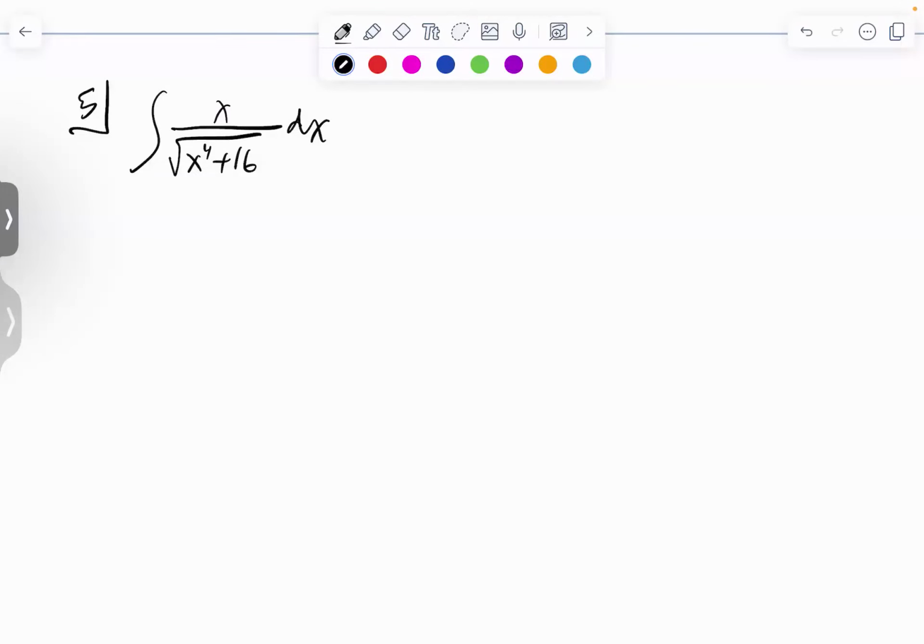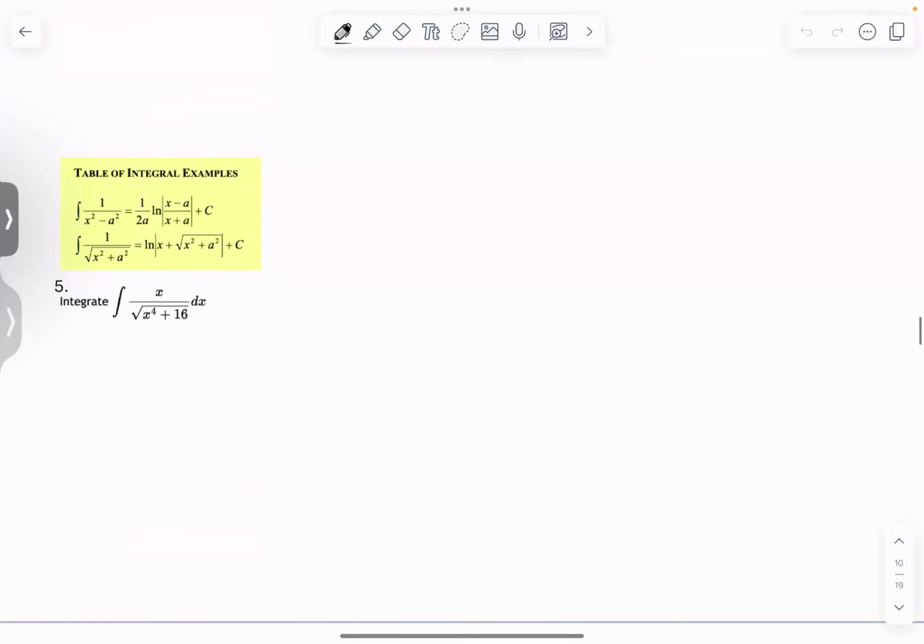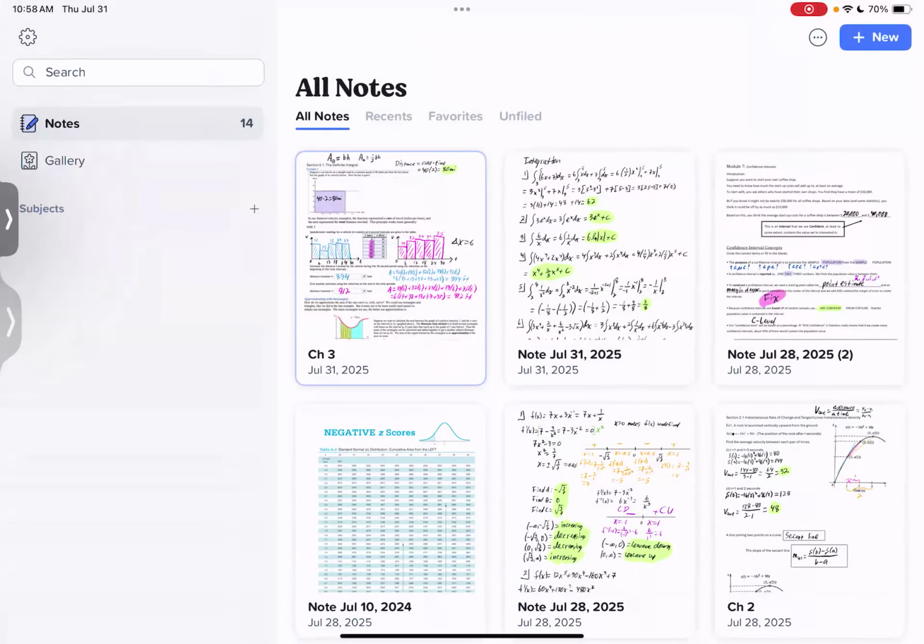However, on our handout, we do have this here, which is going to be apropos to what we're doing in just a moment. Now, you'll notice our problem is x to the 4th. This is x squared. So we're going to have to actually adjust this, and we'll come back to that.